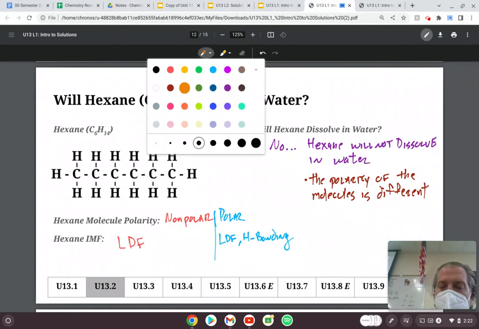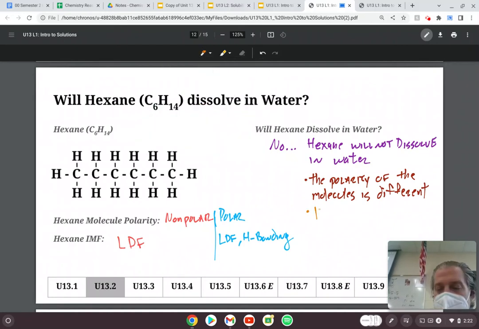And we can have the reasoning that the intermolecular forces of attraction are not similar enough.